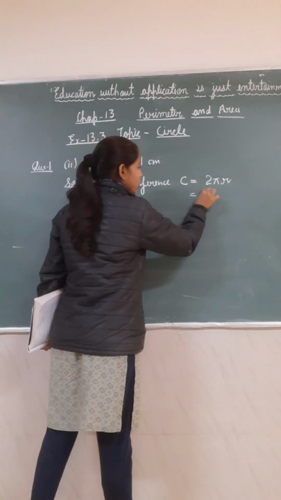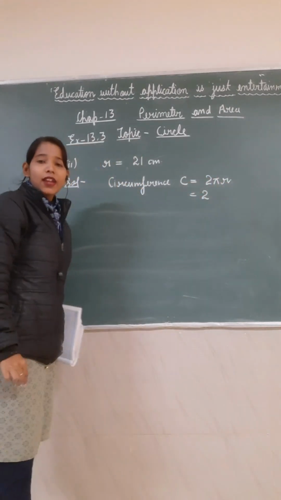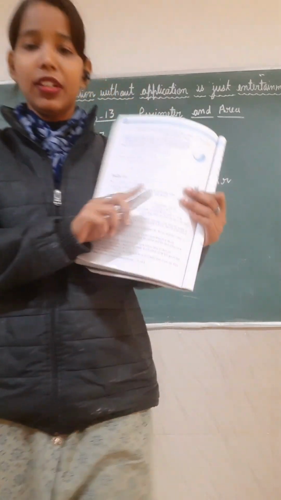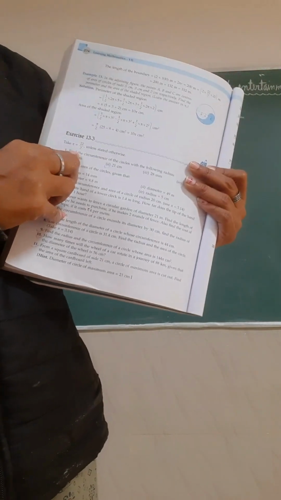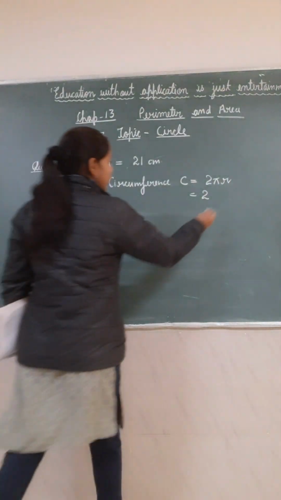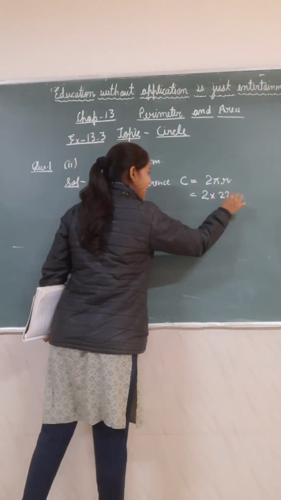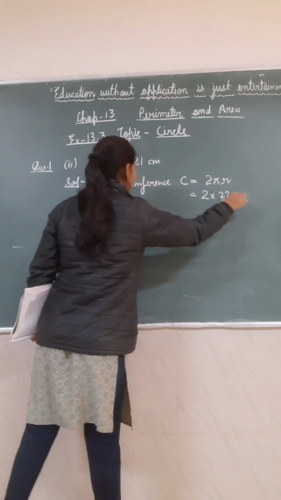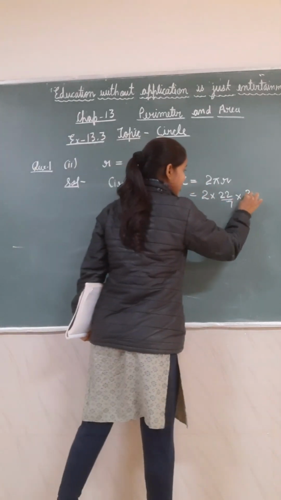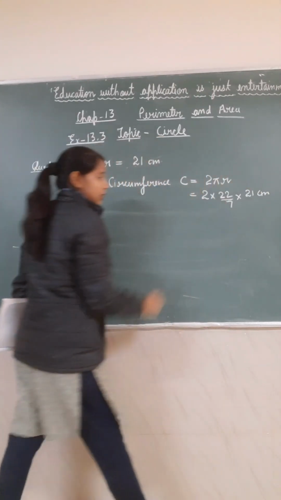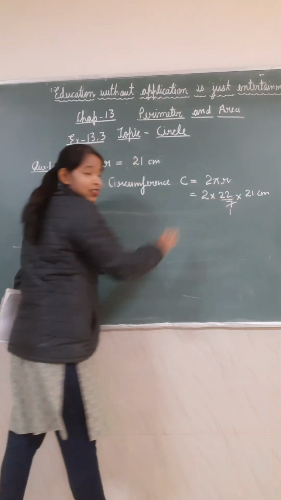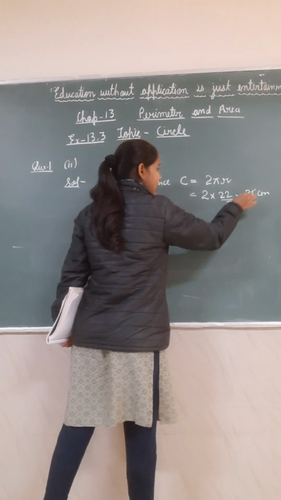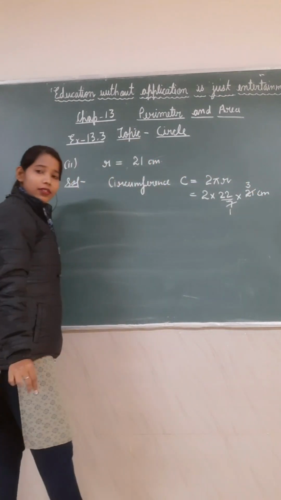So the value of pi we have to use here. Pi is equal to 22/7. It is already given in the question. So here pi is equal to 22/7, and the value of r is 21 centimeter. Now 7 ones are 7 and 7 threes are 21, right?